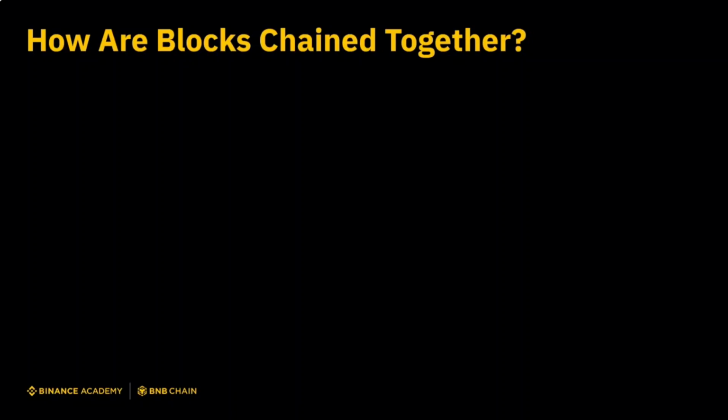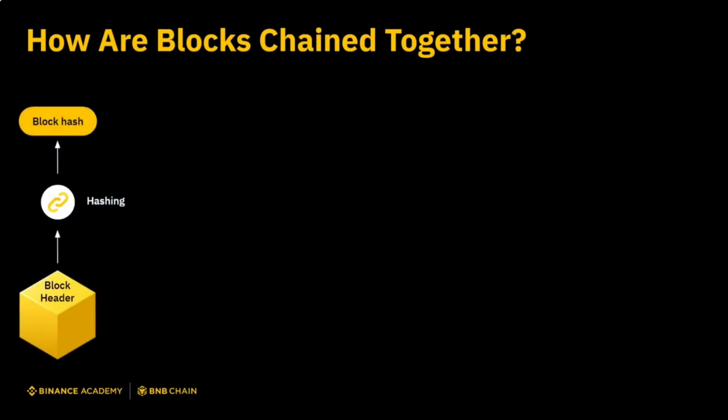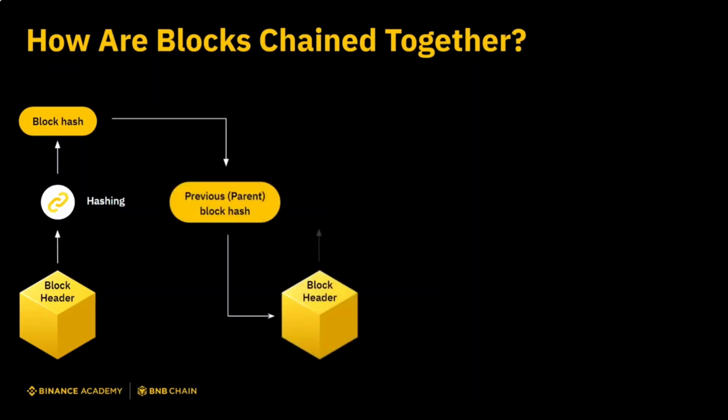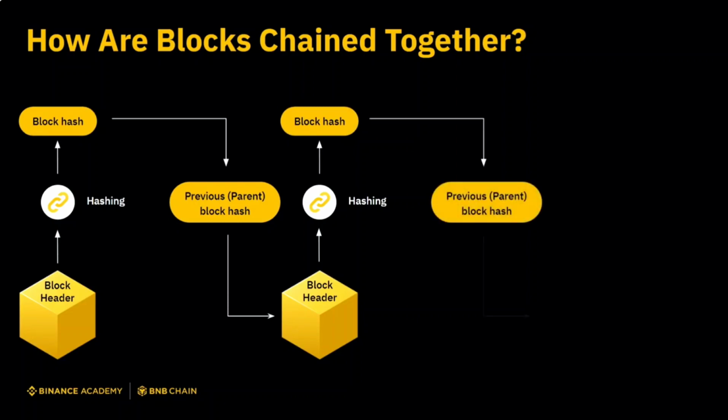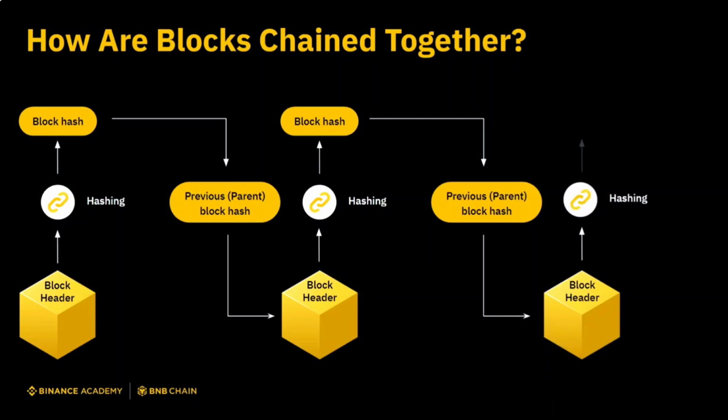So, how are blocks chained together? Each block in the blockchain has its own block hash, serving as the unique identifier. To maintain the integrity and security of the chain, the hash of the previous block is incorporated into the header of each new block. This creates continuous and immutable chains of blocks, starting from the genesis block.